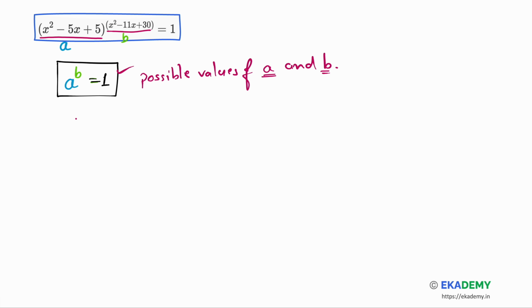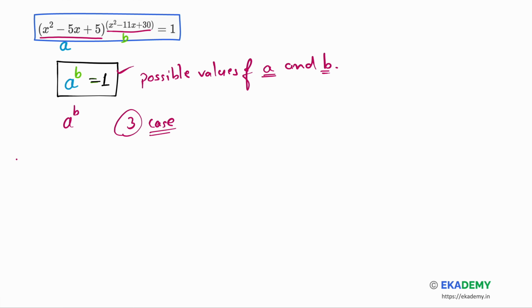What we have is a raised to the power b. And just by observing it, we can see at least three possible cases which will make this whole thing equal to 1. So for example, we know that any number raised to the power 0 is always 1, right?